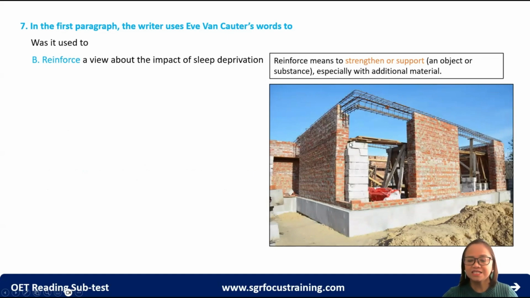We need things that could make our house stronger, and that's typically your steels and your bricks and anything that could stabilize your house and make it last for a few years. So the word reinforce is to strengthen or to support.